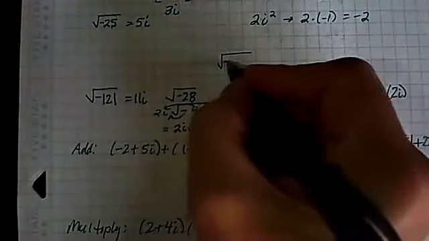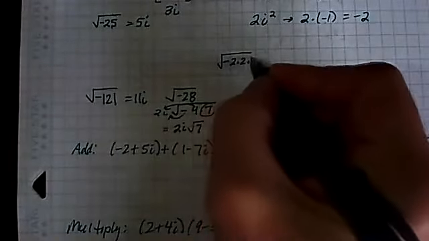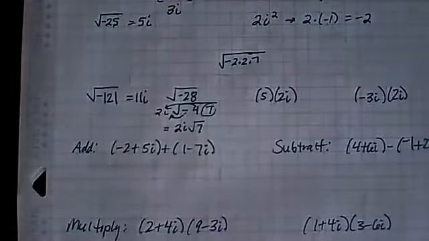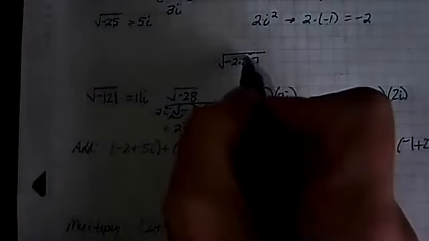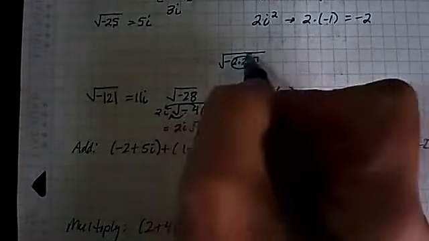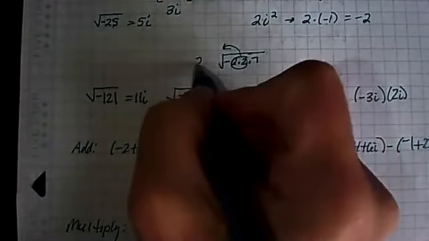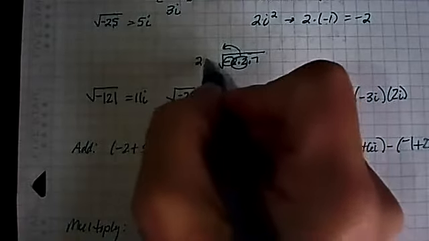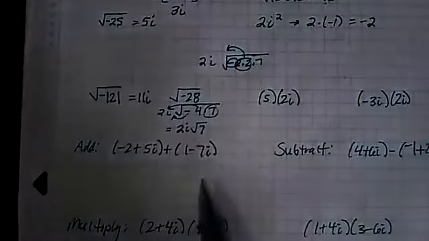Like if I broke this down, this could also be broken down to a negative, and then 2 times 2 times 7. That's all prime numbers. And then if you have 2 of the same number, since it's a square root, which is 2, you can bring a 2 outside. And then you have this i, and you're left with 7 underneath and get the same answer. So you can break it down to prime numbers, and then if you have 2 of them, bring it out.